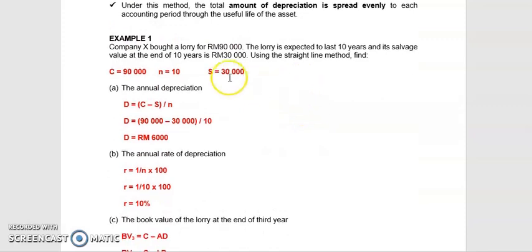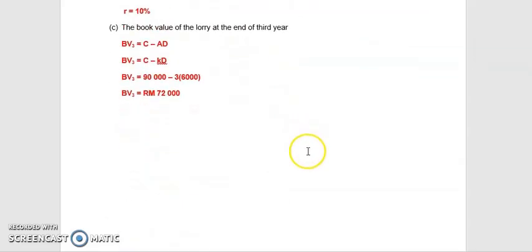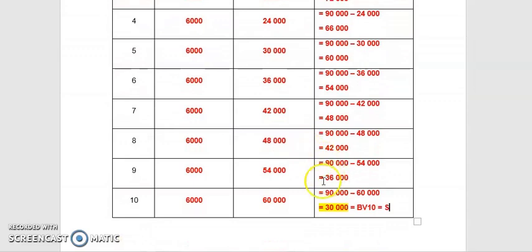If you refer to the info given here, scrap value is 30,000, the value of the asset at the end of useful life. So at the end of useful life, the book value will be 30,000. But you cannot write BV10 equal to S. That is wrong concept.